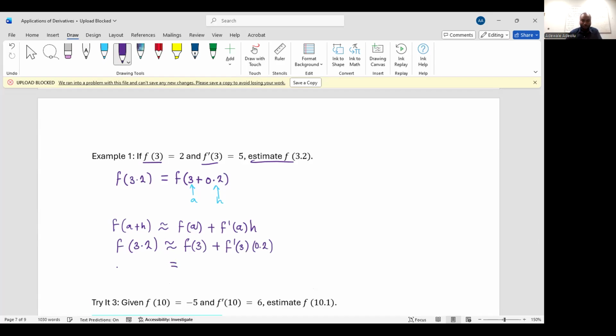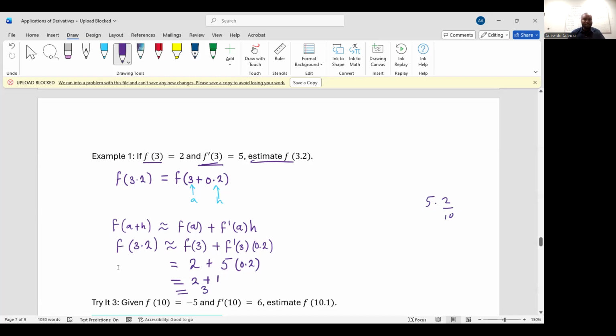So this is equal to f of 3 is 2 plus f prime of 3 is 5. So 5 times 0.2, which is 5 times 2 over 10, that is 1. So our answer is 3.